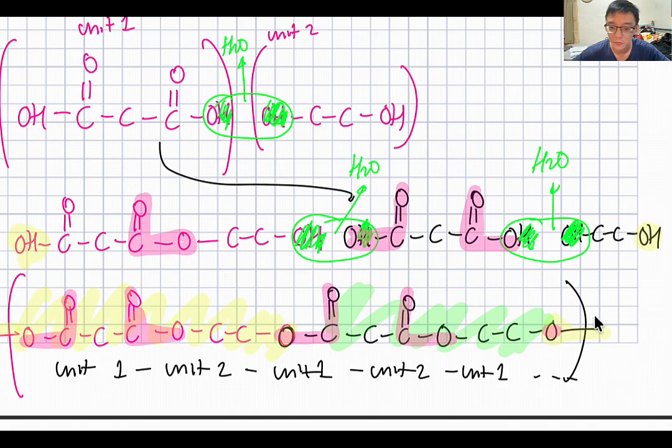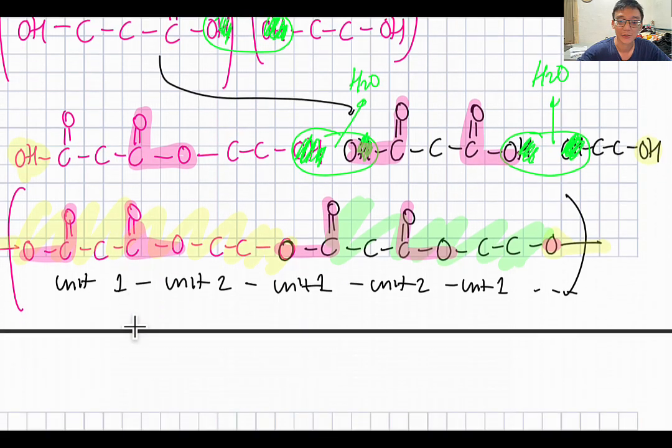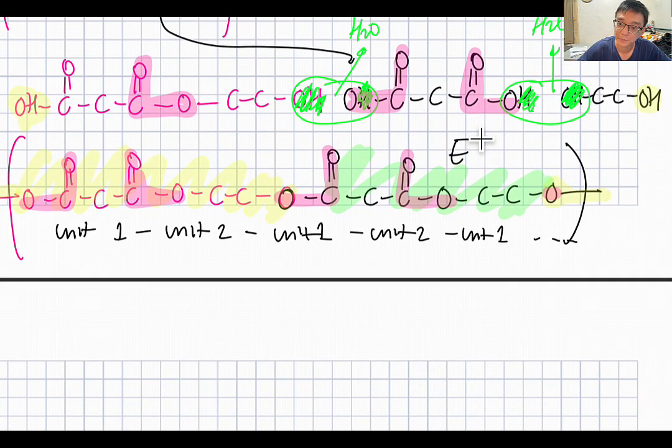Then O, then supposedly double bond again. So if your polymer bond is composed of a carboxylic acid and an alcohol functional group, it's called an ester bond, or ester linkage. This is the ester linkage.